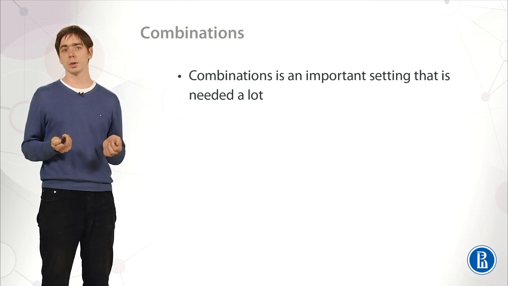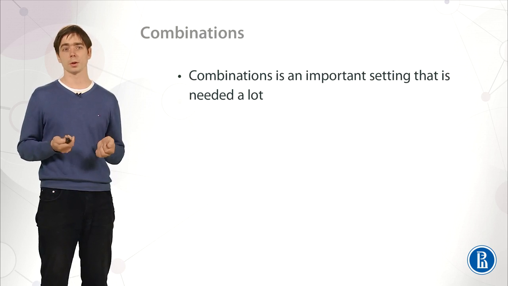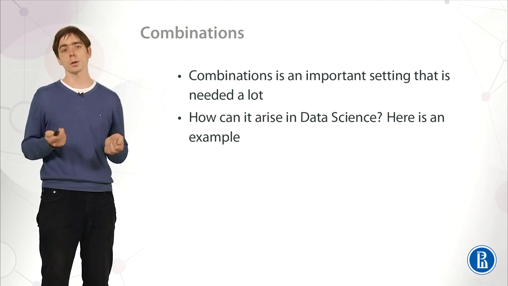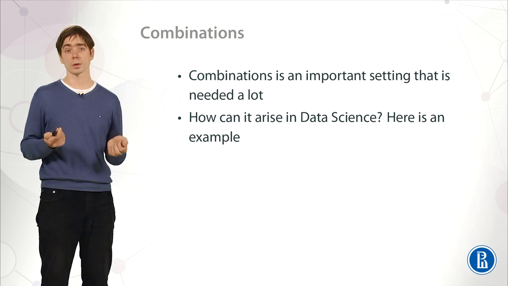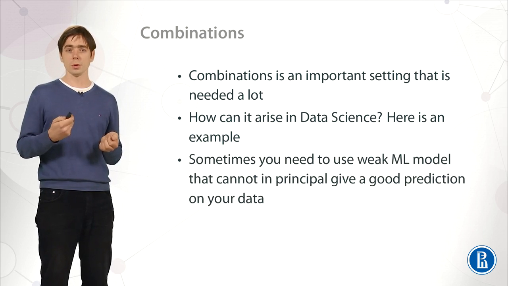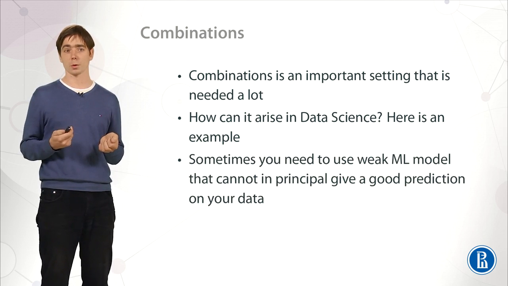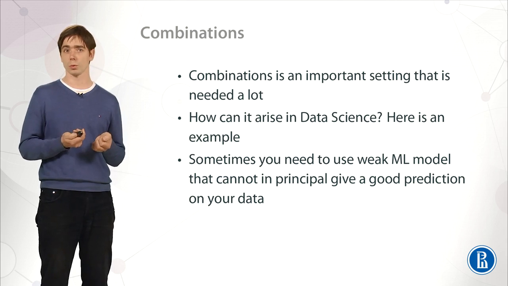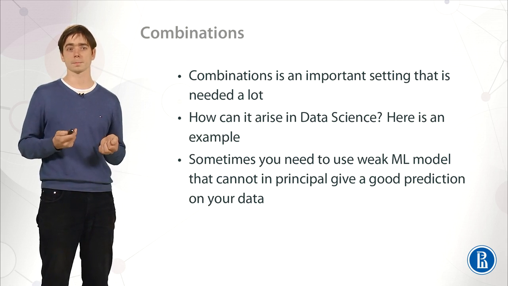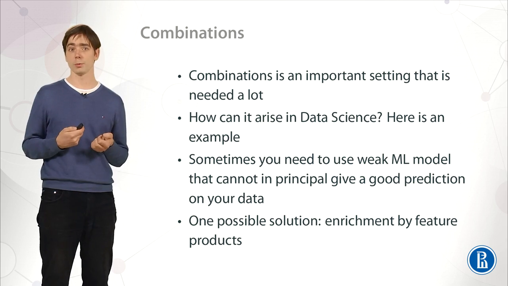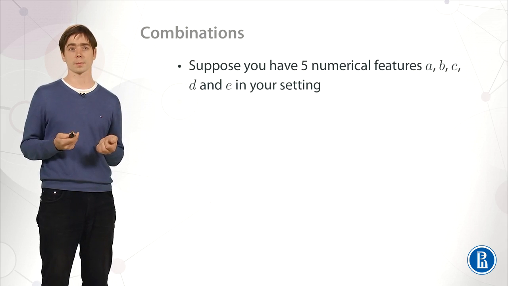Okay, combination is actually an important setting in mathematics, and we will need it a lot. But how can the number of combinations arise in data science? Here is an example. Sometimes you need to use a weak machine learning model that cannot in principle give a good prediction on certain sets of data. And one possible solution to this is to enrich the set of features by feature products.